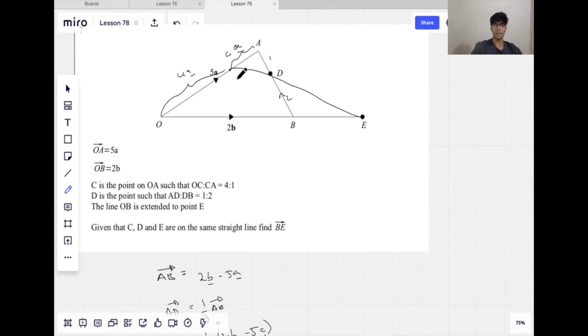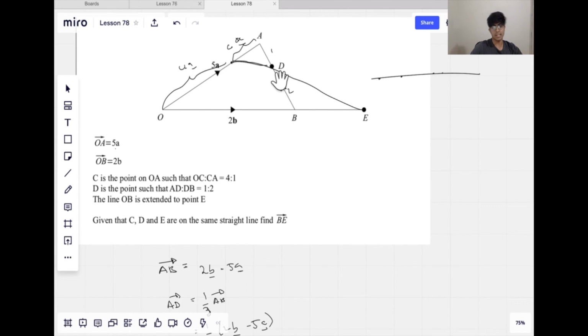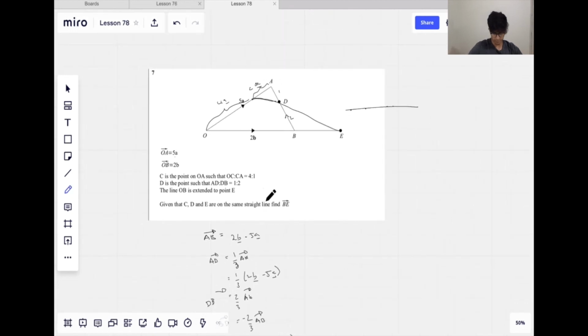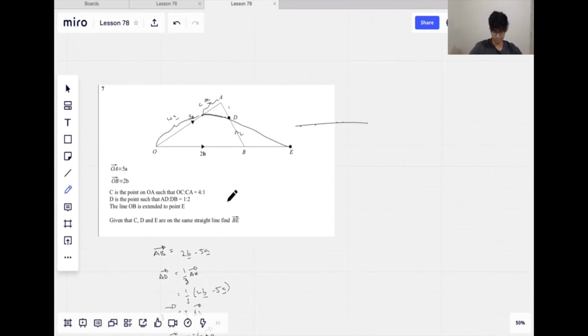It means that C to D would be parallel to D to E, because any two sections along a line are parallel to each other. So if we find out what C to D is, that might be helpful. So let's figure out what C to D is now.